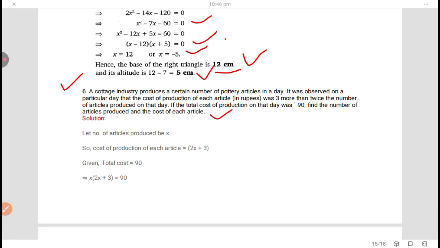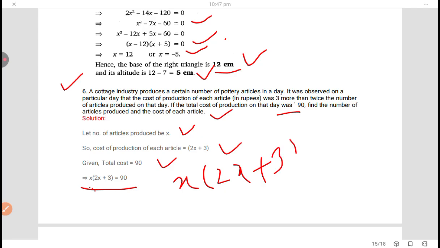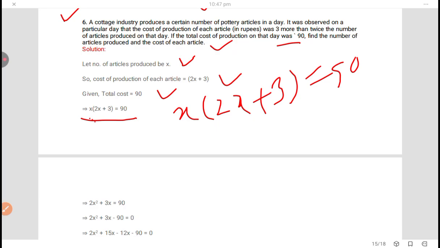So the total number of articles produced is x. The cost of each article is 2x plus 3. It is a given condition. And the total cost is also given, 90. So the product of x into 2x plus 3 equal to 90. Then you will get the quadratic equation, that is 2x square plus 3x equal to 90.